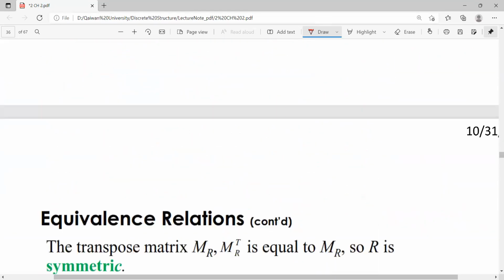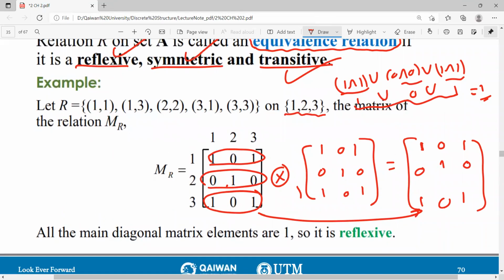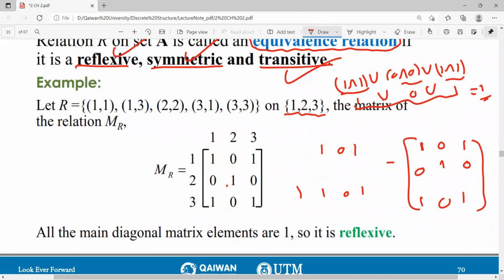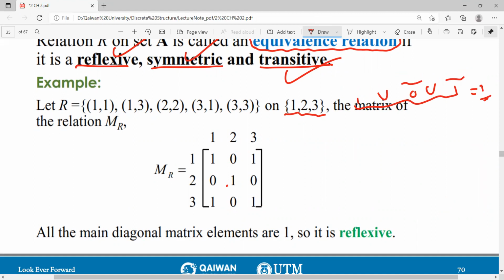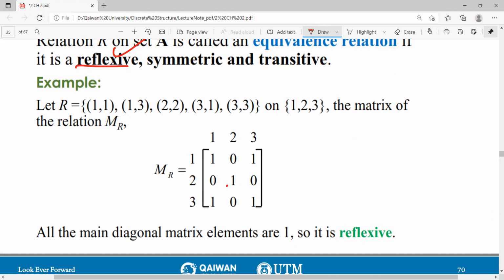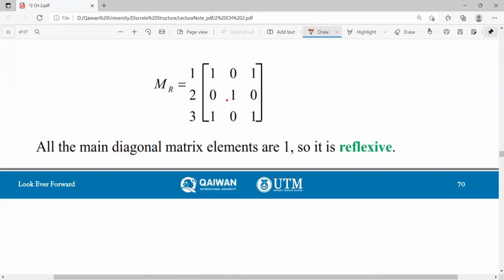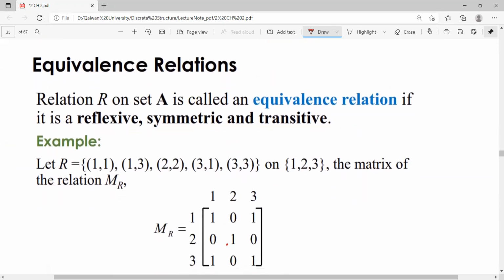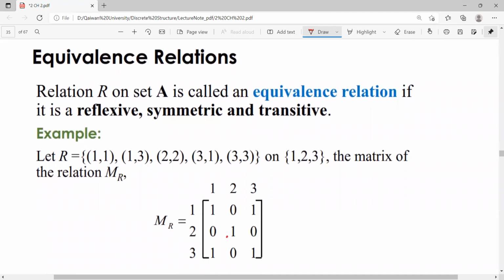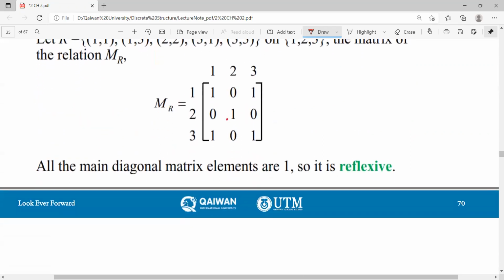It's done here. I'm going to clean this. It's better to convert the relation to matrix form and then work on symmetry, reflexivity, and transitivity.